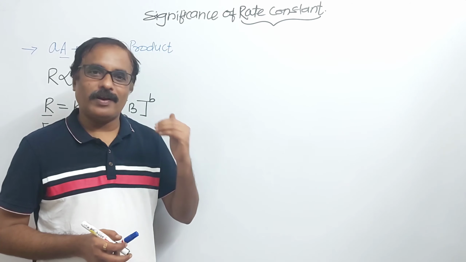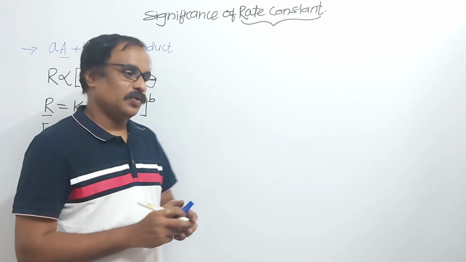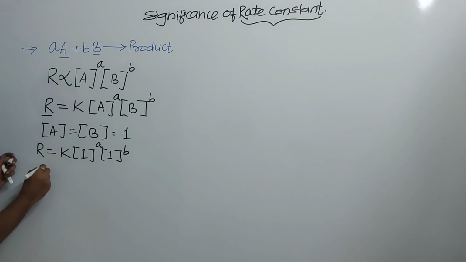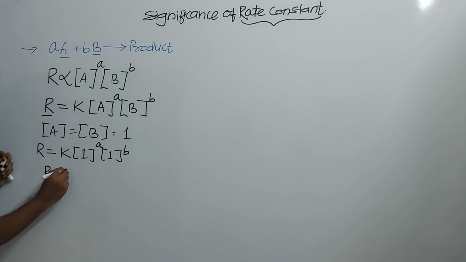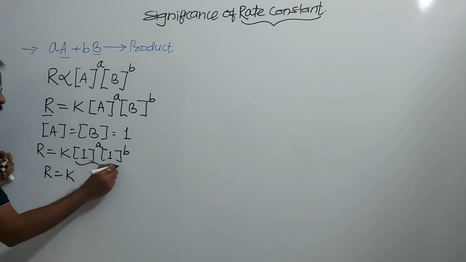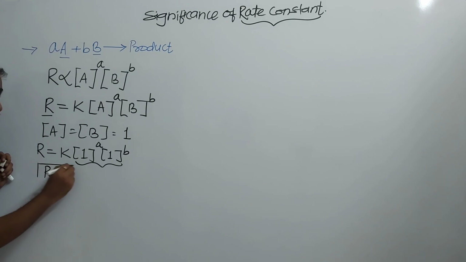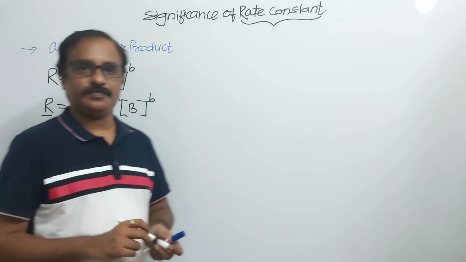What is 1 to the power n? It is 1. So this term will be 1 and R is equal to K.